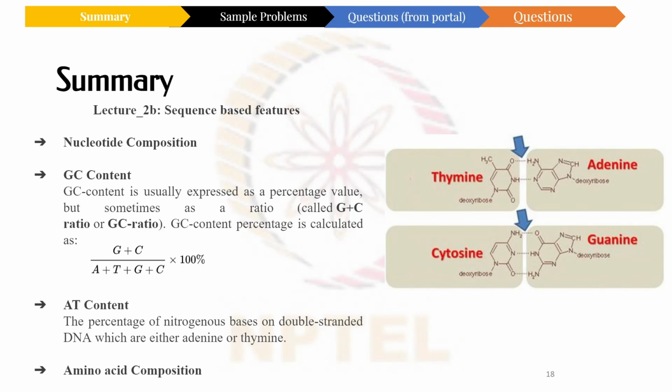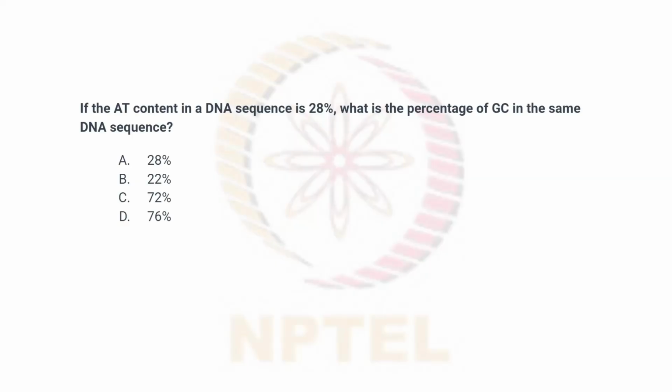Okay, to start, I have some questions. Try to answer this. If the AT content in a DNA sequence is 28%, what is the percentage of GC in the same DNA sequence?